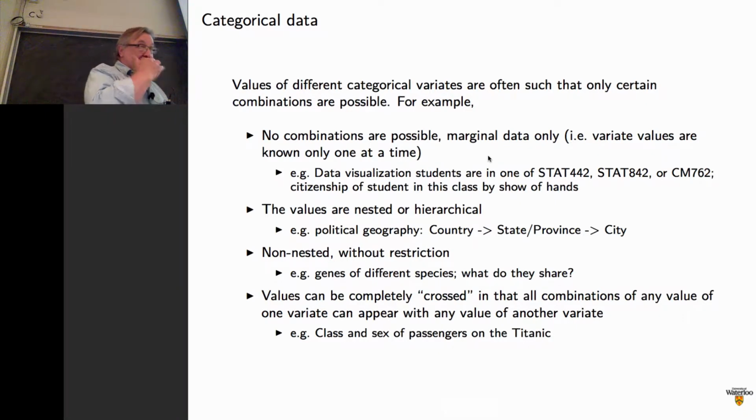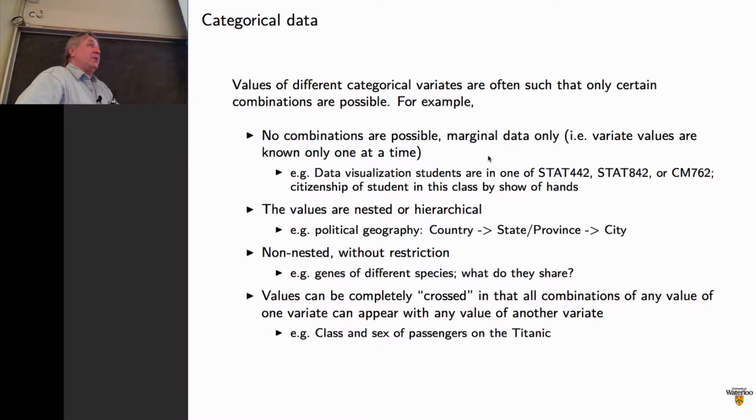Then there's the case where everything's open. We've got non-nested data without any restriction, and we may have some parts of the data and not other parts. So for example, we may have lots of different species of plant or animal, and we have all of these genes, and for each gene we know which species share it, right?